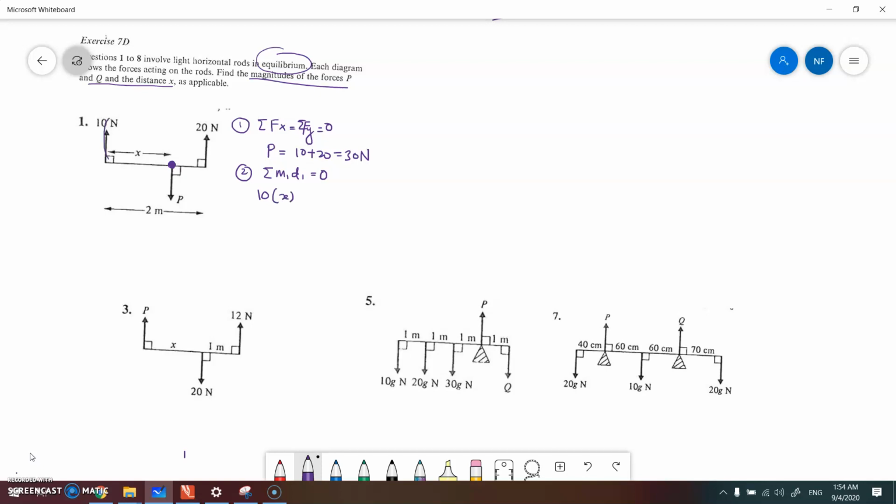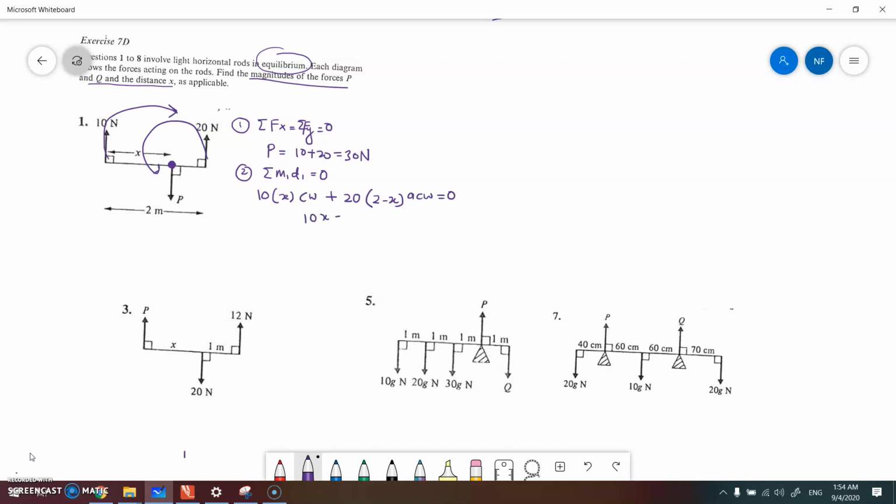If you pull it here, it will be clockwise. And then you have 20, the distance is 2 minus x. It moves like this, so it is anti-clockwise. So it is equal to 0.